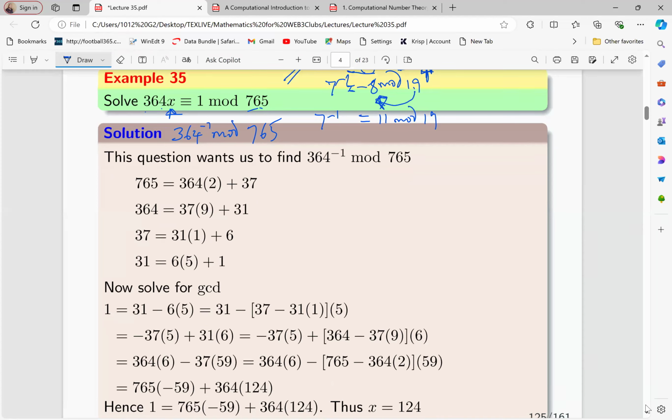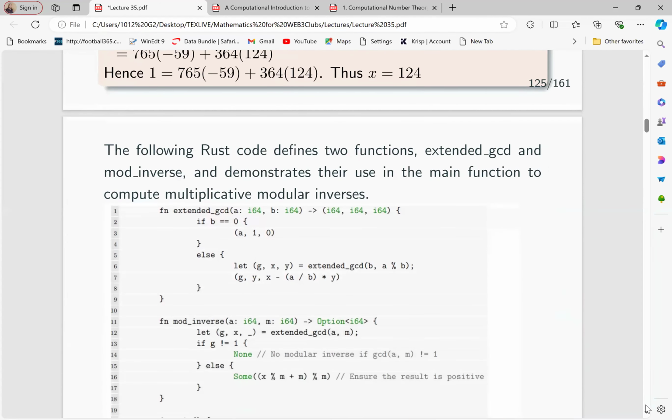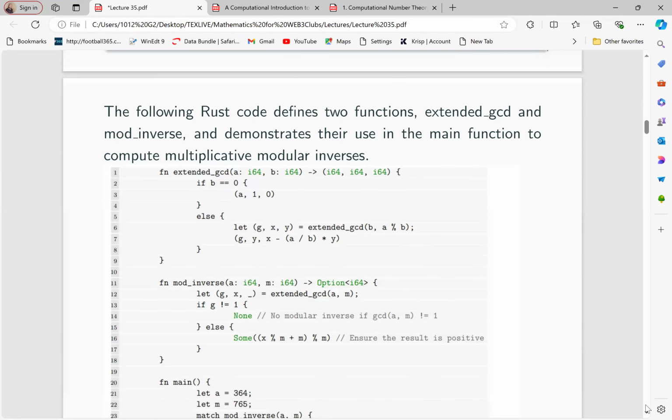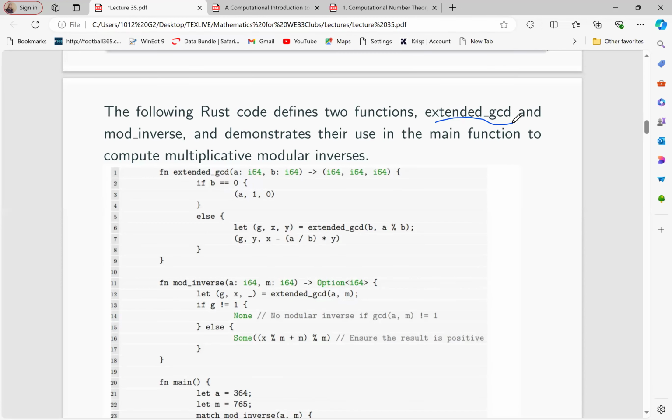Now, we've already seen how the code is supposed to be. We've already said the code will have two functions, just as we've done in those examples. So the following Rust code defines two functions: the extended GCD, that extended Euclidean function, and then the mod inverse function.